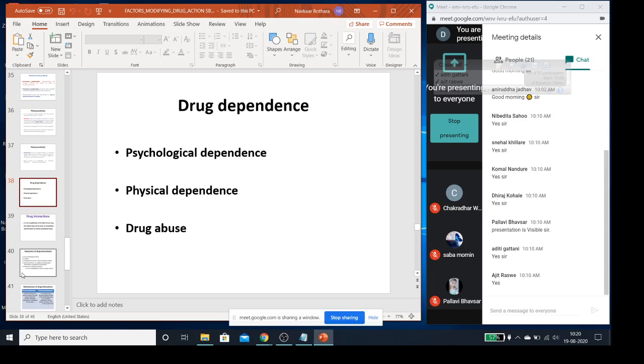We have to use it. But other things are not required, and still if they are used, then this is called drug abuse. That without any use, without any requirement, if somebody is taking the drug, that is called drug abuse. So this abuse is again dangerous because it is not required.